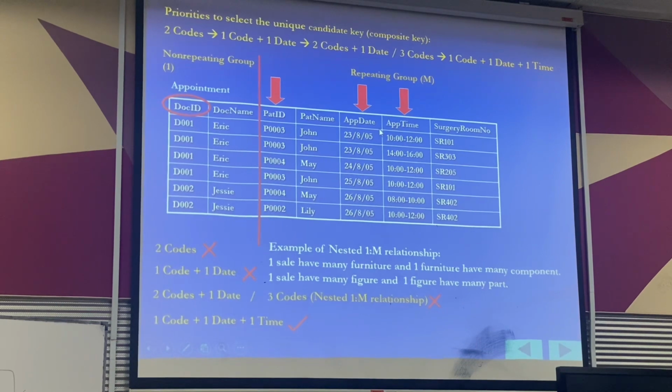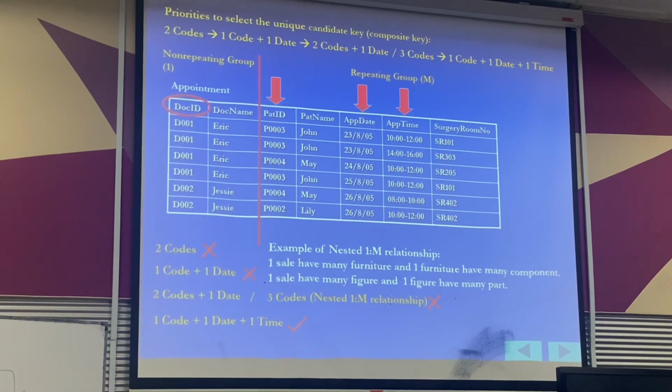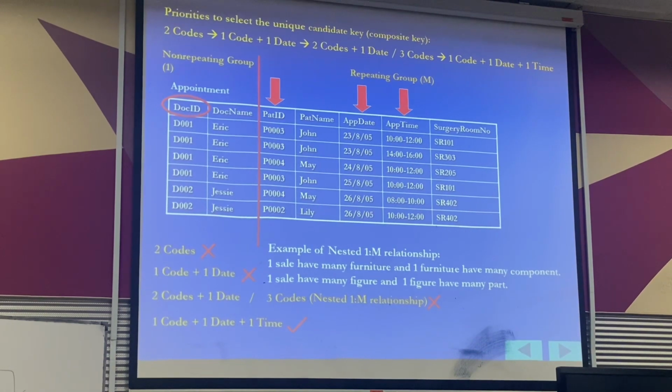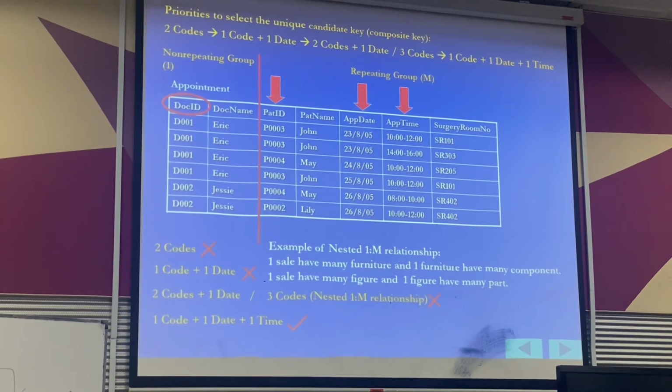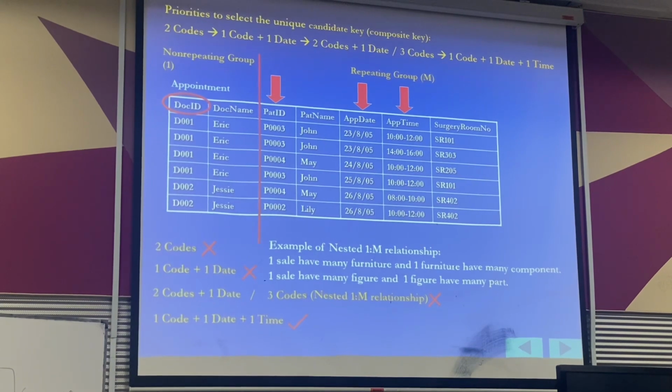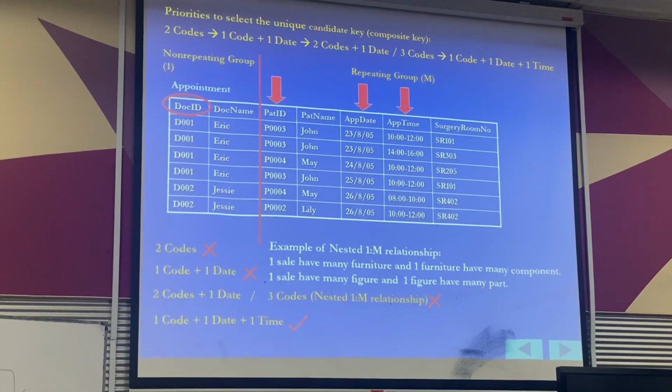Meaning, how you run your business will affect how you select the priority. In this case, the same patient can see the same doctor twice in a day. Then you must put doctor code, day and time: morning consultation, afternoon operation. But in a normal case, when we go to a clinic, the doctor code per se is enough.